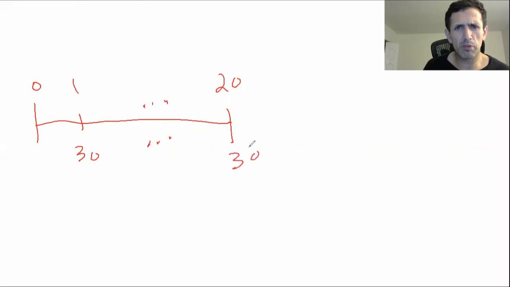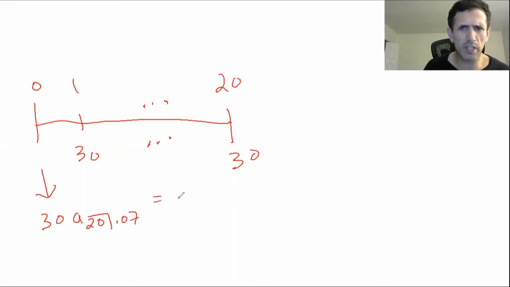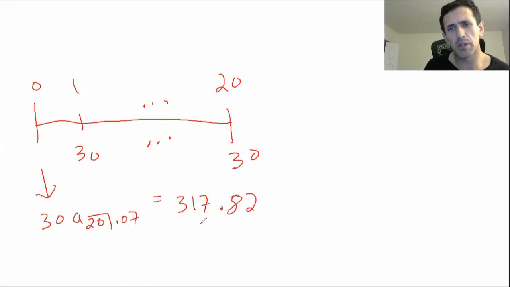This is just a plain annuity present value formula. Not much here. 30, it's an annuity immediate, so there's no double dot. Interest we're given is 7%, and that is 317.82. I don't really need to round further because I'm just adding up these numbers.